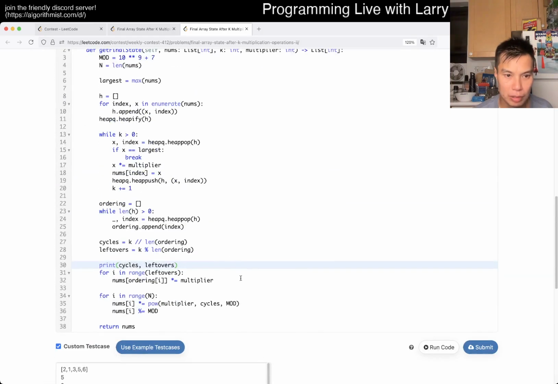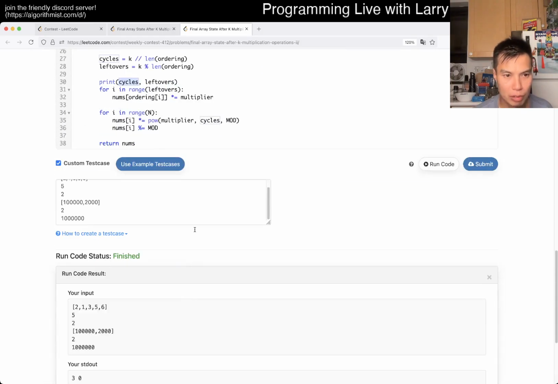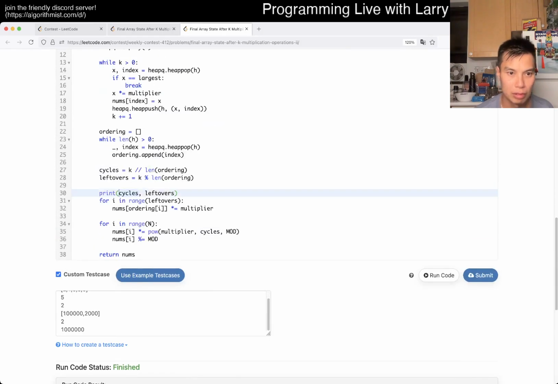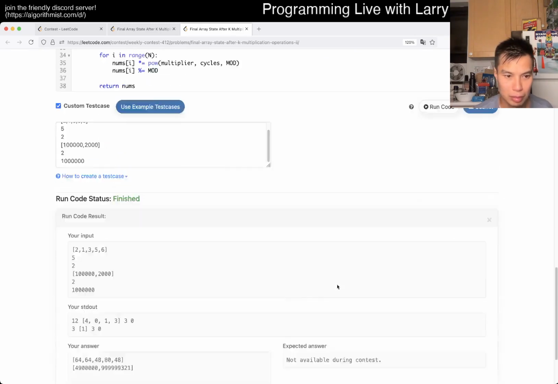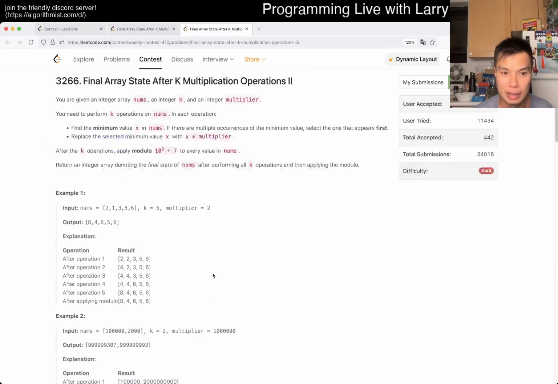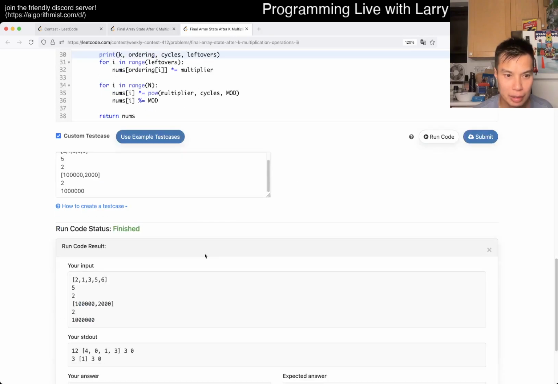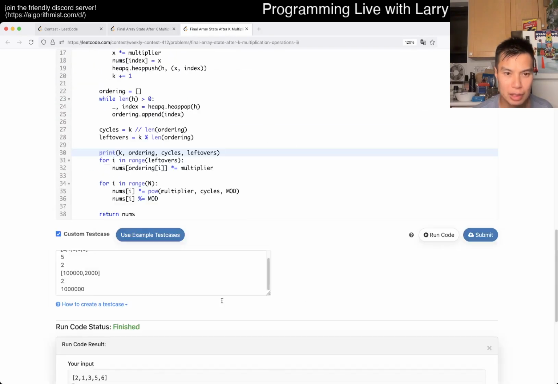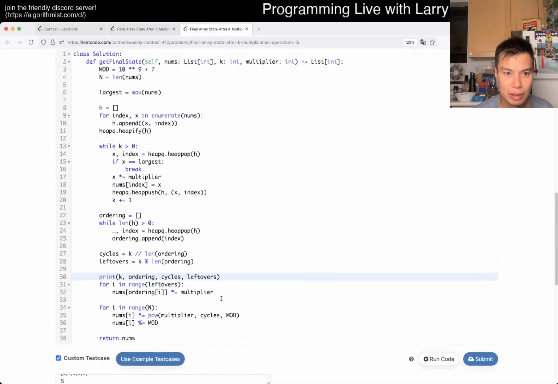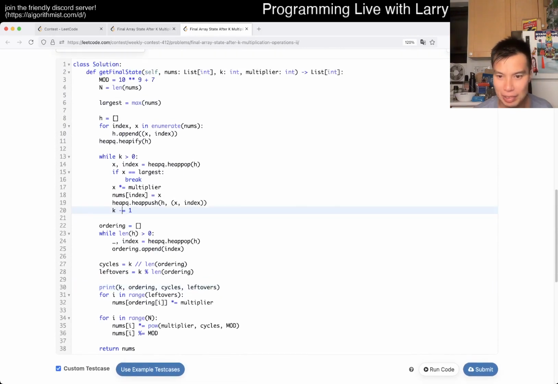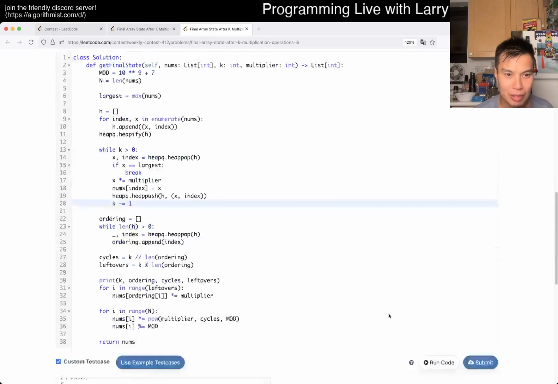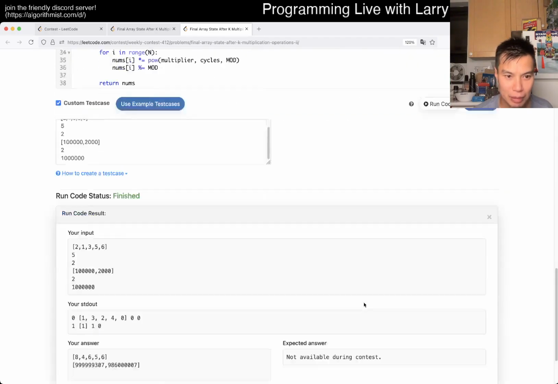Okay, so 3 cycles is pretty wrong. Because K is, oh no, K is 10,000. Okay, no, wait. K is 2, so this is just weird. Oh, why do I have increment here? Wow. Okay, that is just a silly typo.